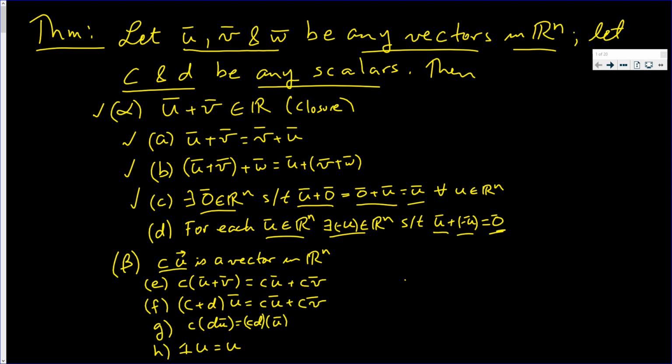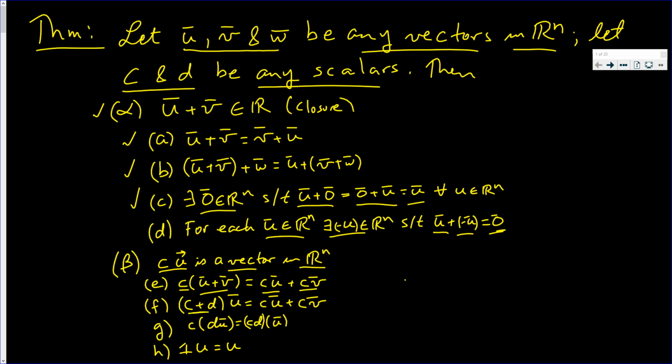c times u, a scalar times vector u, is a vector in Rn. So that means Rn is closed under scalar multiplication. If you have the sum of two vectors and you multiply that result by a scalar, you can distribute the scalar.